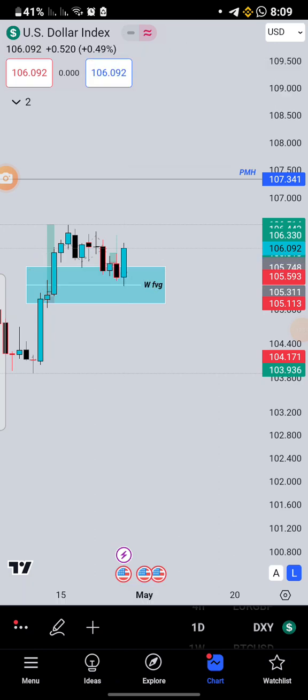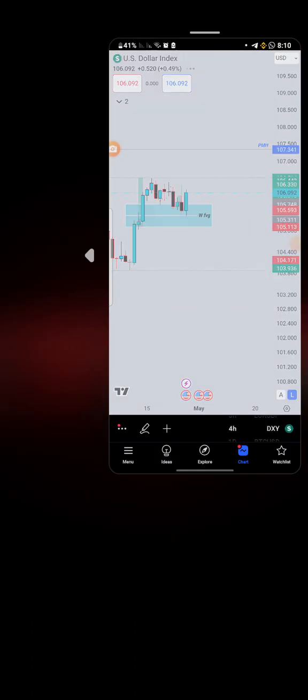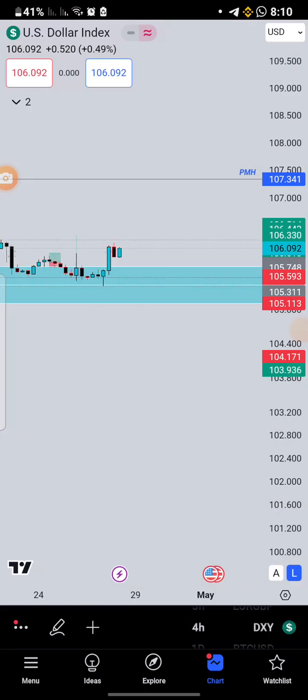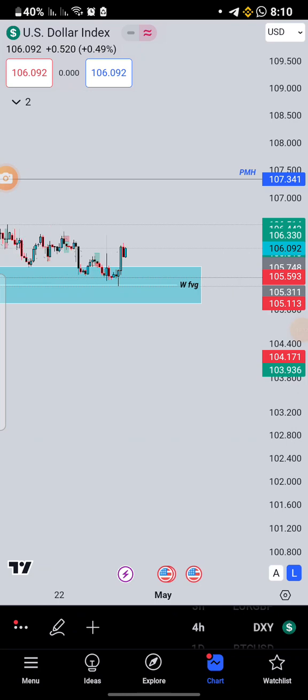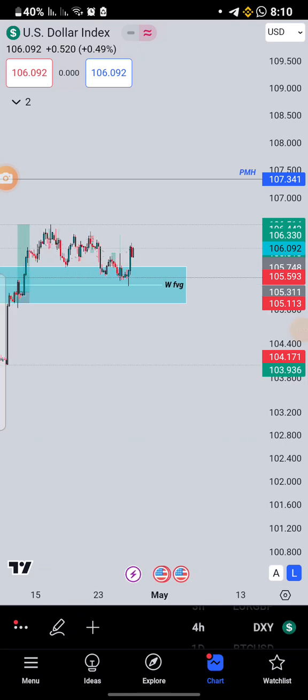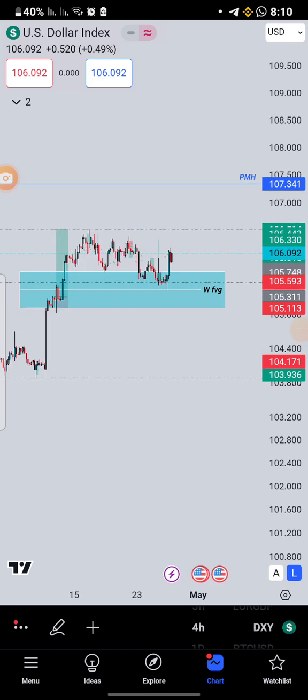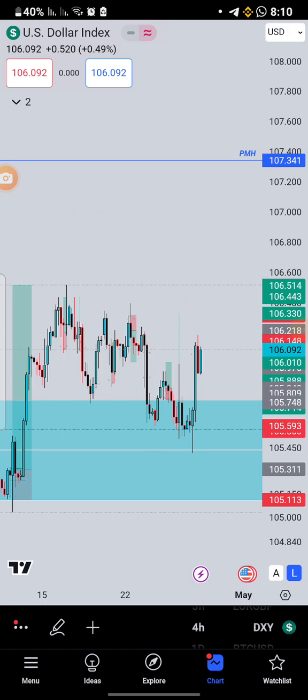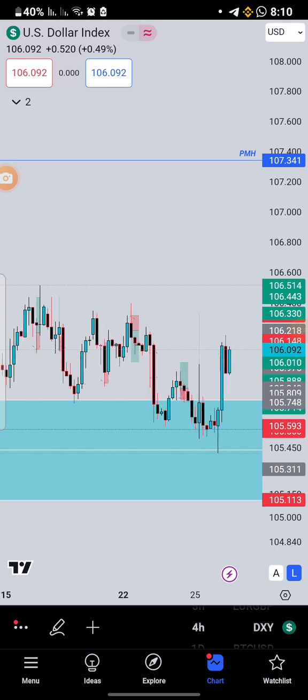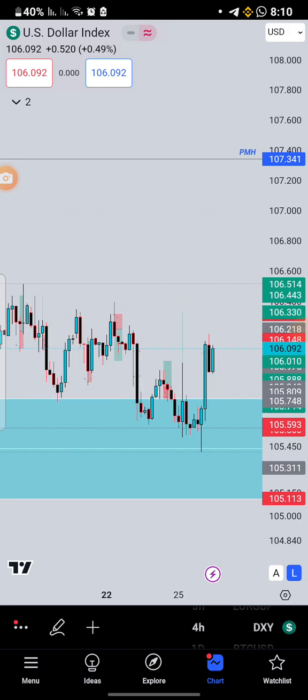And now to confirm the order flow, we have to go to the 4-hour time frame and see whether we have a bullish order flow being created or coming into play. So inside this weekly fair value gap, I want us to see the price action over here.